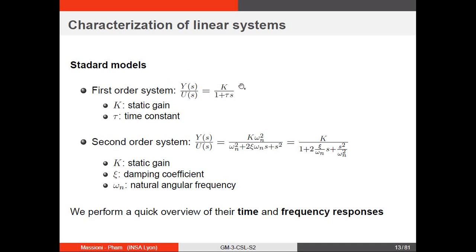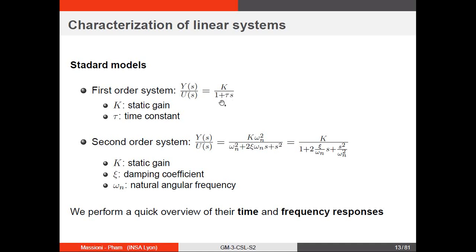You just have a scalar at the numerator, which we call k, or static gain, and then the denominator is basically a first order polynomial in s, which we like to write this way. We like to have the part multiplying s to the power 0, so without s, equal to 1, and then the number multiplying s, we call it tau.